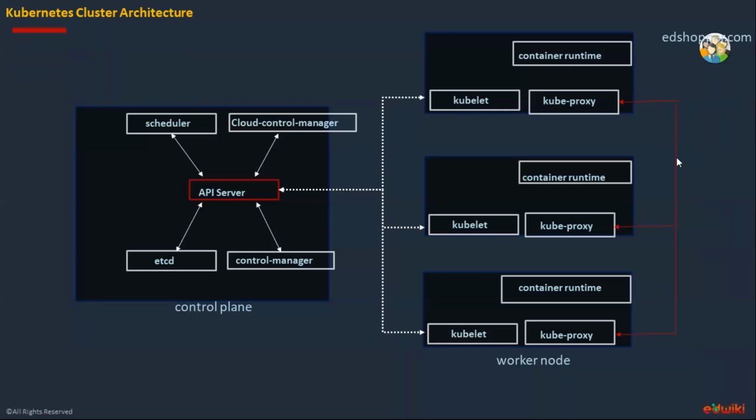Where is the container? That's okay. Your container runtime will go and create a container for you. That's how the containers get created on the worker node. Now tell me guys, out of this whole flow, who is responsible to create a container? Is it Kubernetes? No, right?